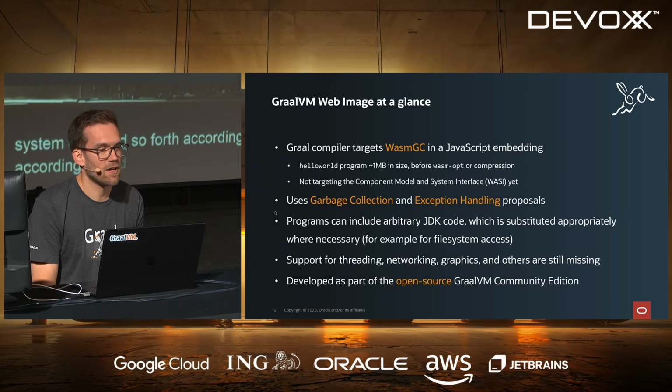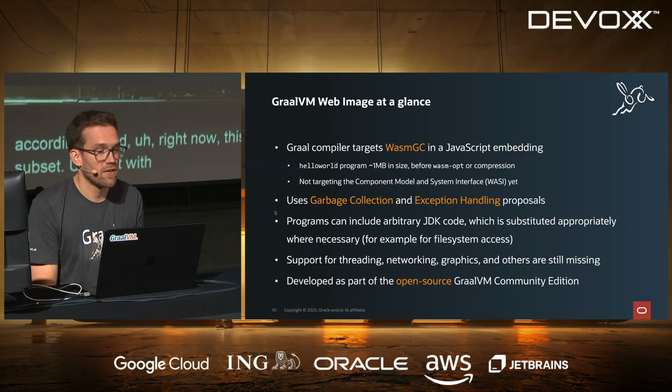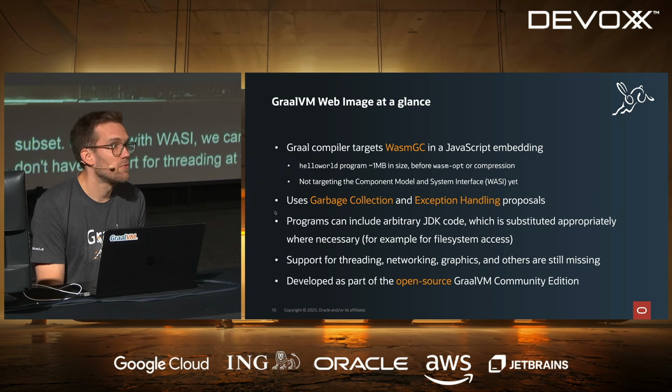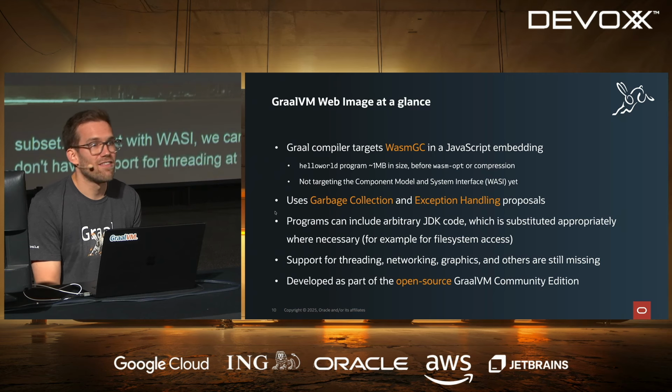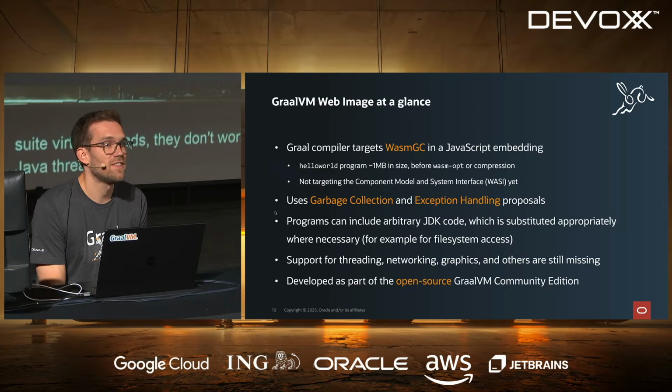Right now, this only works for JavaScript and a limited subset, but with WASI, we can do a whole lot more. We don't have support for threading at the moment, so if you want to run those sweet virtual threads, they don't work right now. That's also because Java threading is very sophisticated, right?